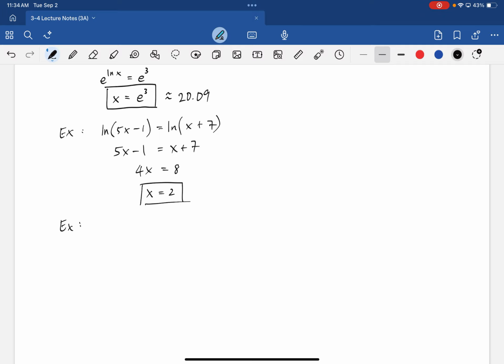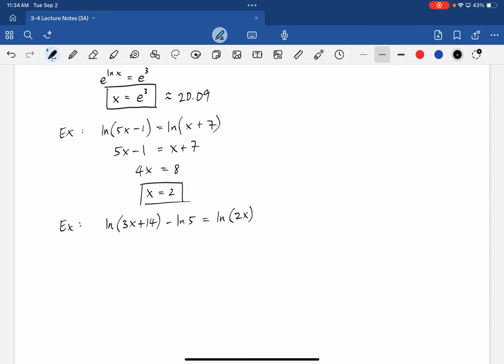Slightly more tricky. Let's say we have ln(3x + 14) minus ln 5 equals ln(2x). What's a good first step? Combine the left.